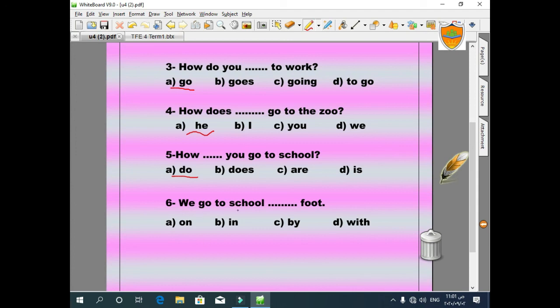We go to school blank foot. On, in, by, with. Remember the preposition with foot. On, yes, we go to school on foot.